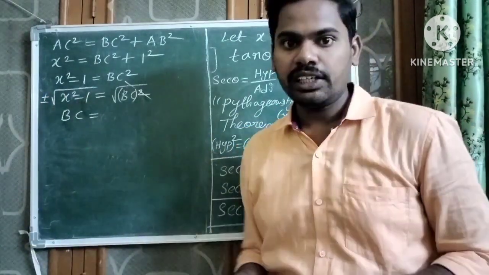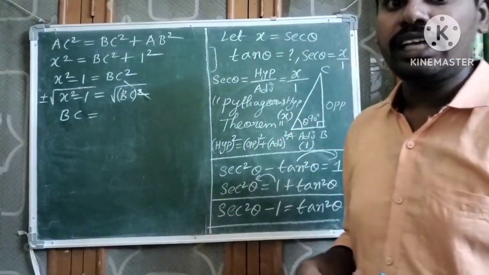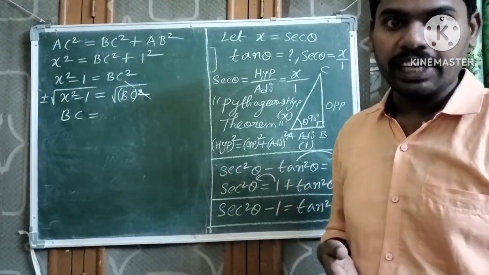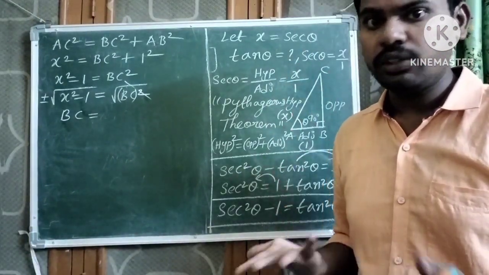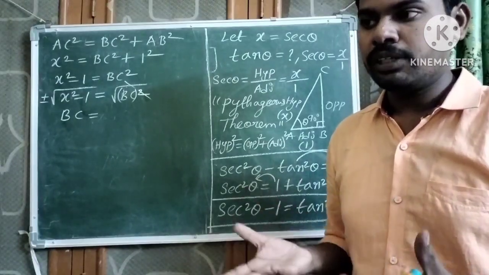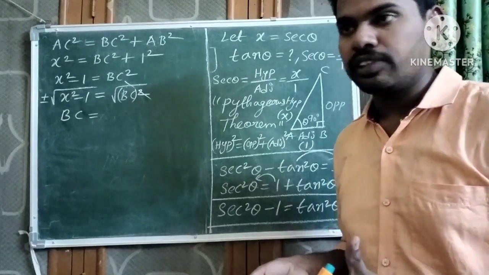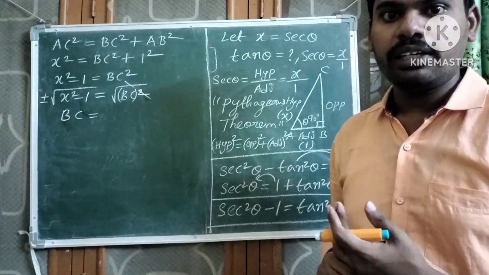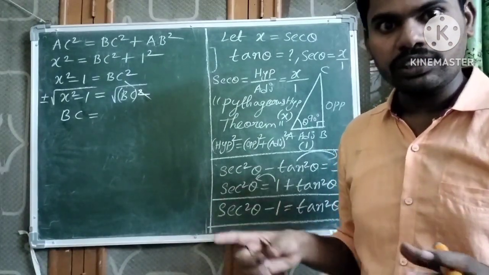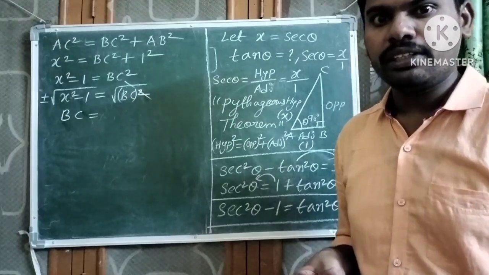But actually in a right angle triangle, AB, BC, AC are lengths of sides. Length is always a positive quantity. Length is never negative. Let us consider length in millimeters or centimeters. Generally we say length of a scale, or length of some metal bar or box, as 2 centimeters, 2 millimeters, 2 meters.